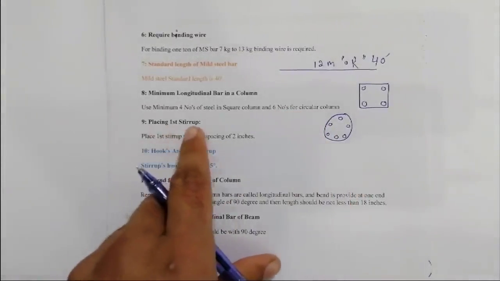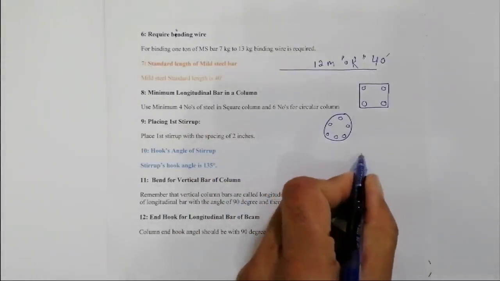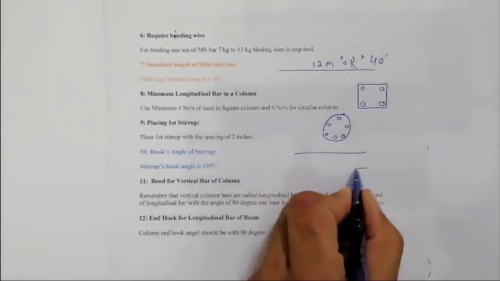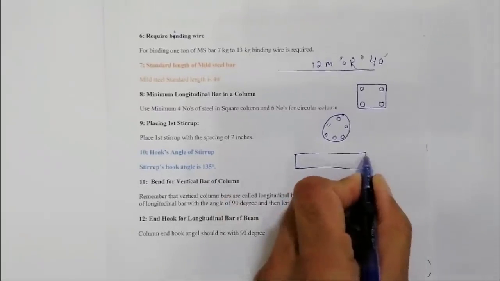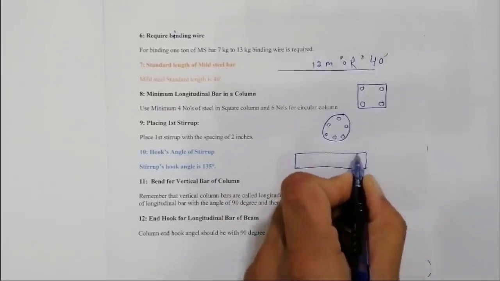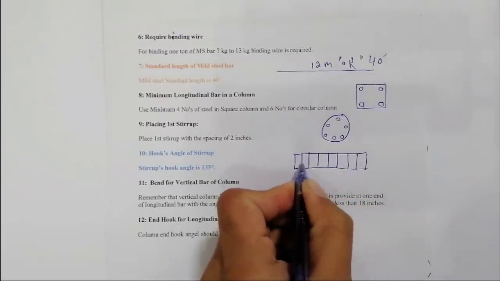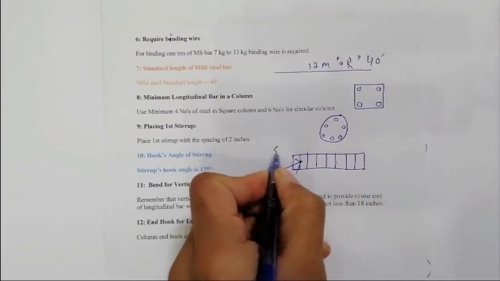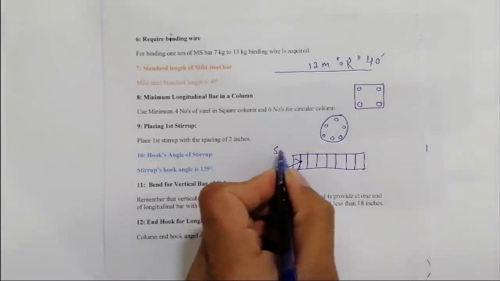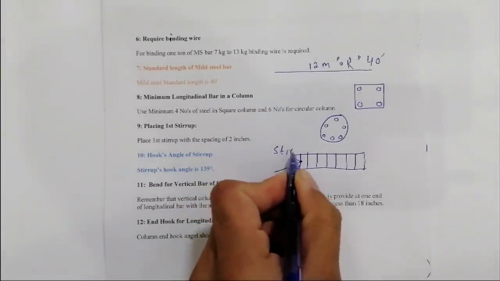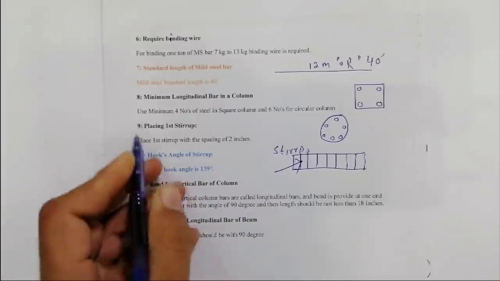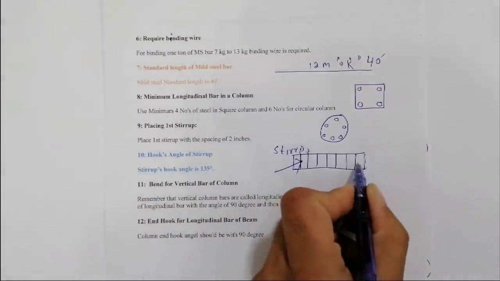Now placing the first stirrup. You can see this is an RCC column, and this is called a stirrup, right? So place the first stirrup. This is the first stirrup.